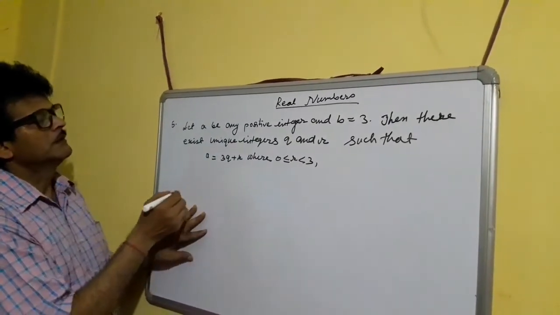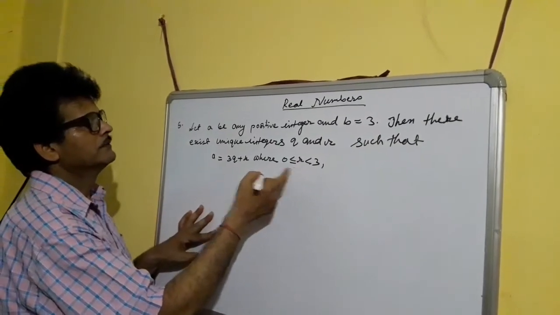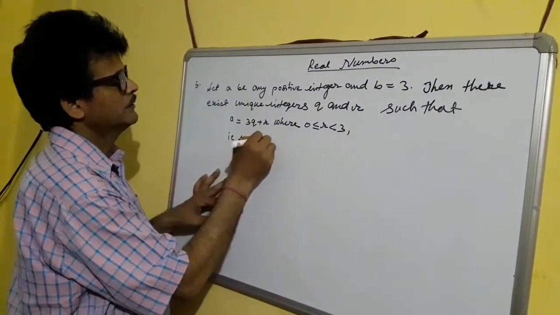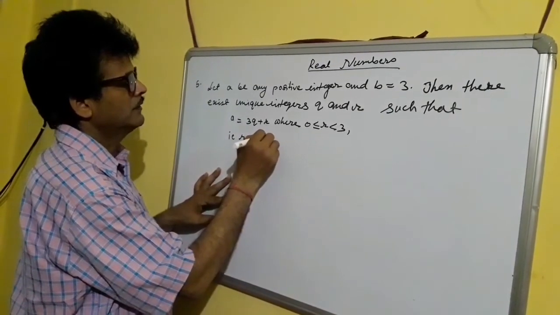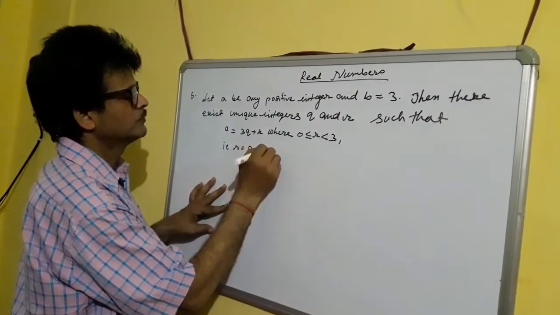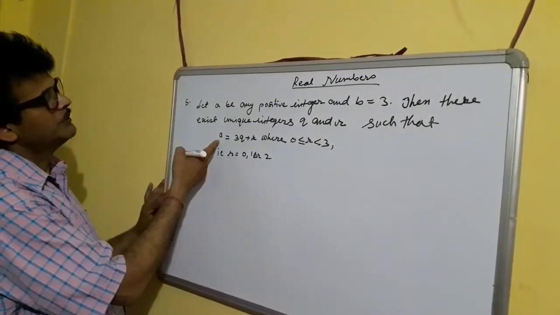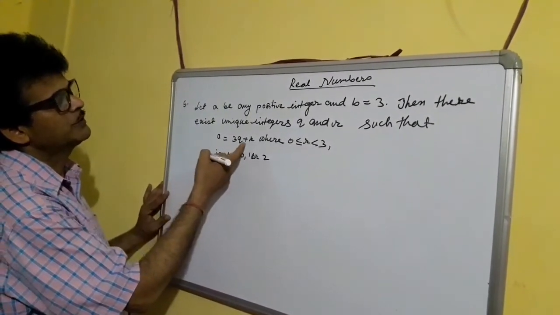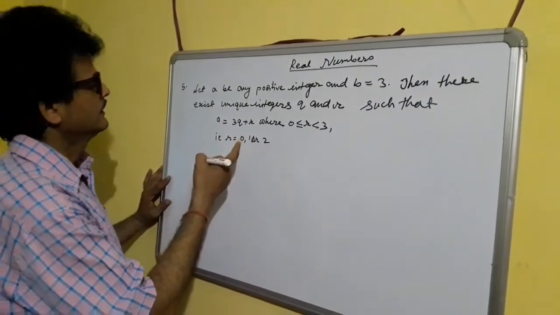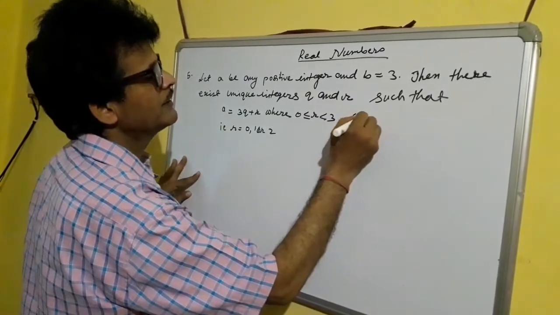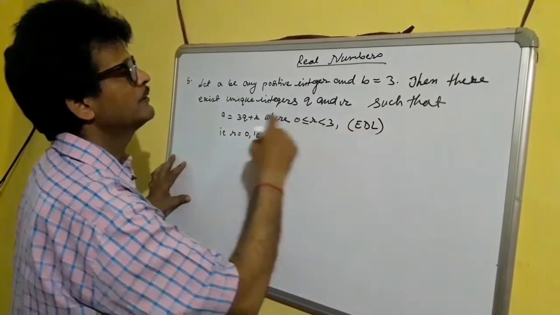Now, what are the values of r? That is, r is equal to 0, 1 or 2. Now we take the cube of this number, a is equal to 3q plus r. So here we have used Euclid's division lemma.